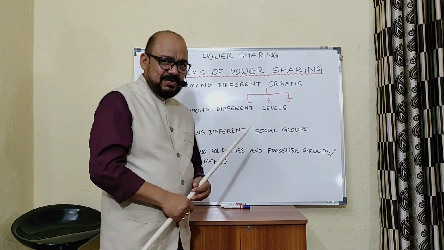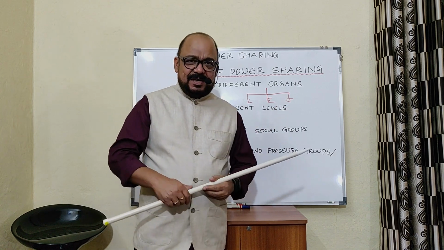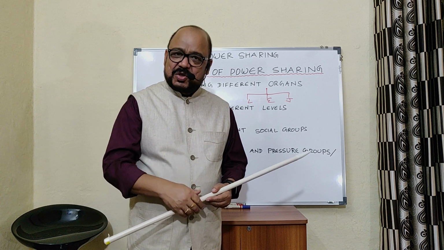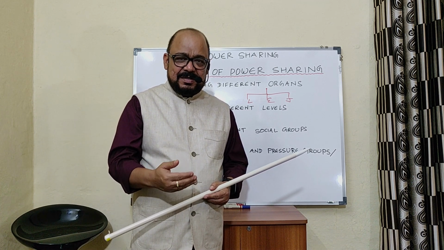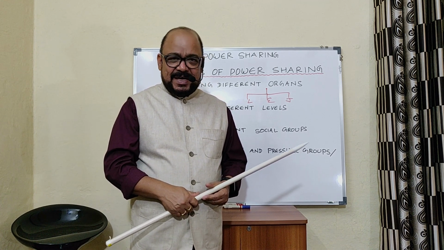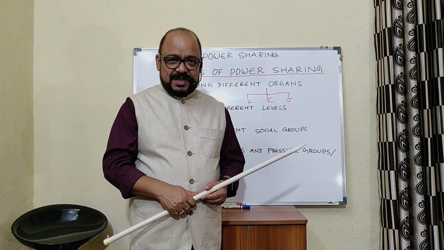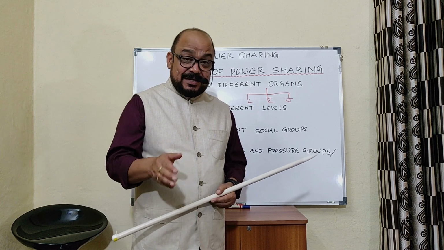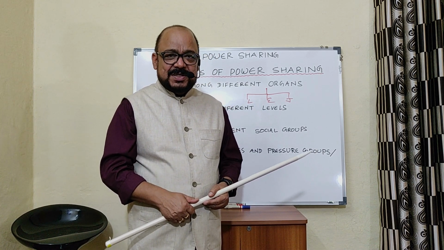This is executive. Then judiciary in India, at the apex of judiciary, is the Supreme Court. Then the high courts. How many high courts? 24 high courts are there in India at present, right? Then the subordinate courts, right?